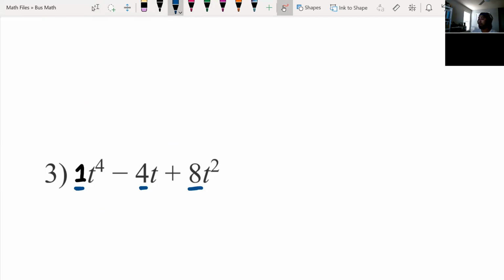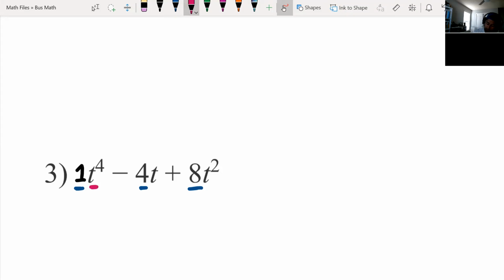Are there any common factors there? Well, just from the numbers first, 1. So we could take out a 1, right? 1 would be the only number they have in common. But since it's just 1, we don't have to factor it out, which means since there's nothing to factor from 1, 4, and 8, we move on to the variables.